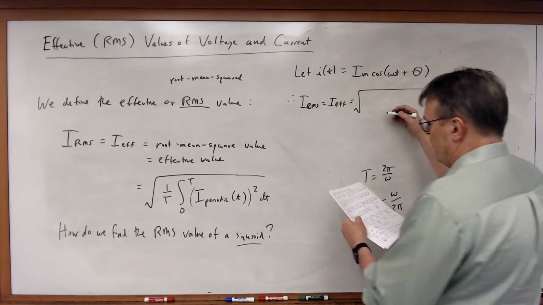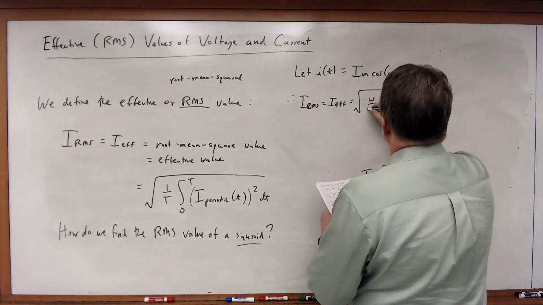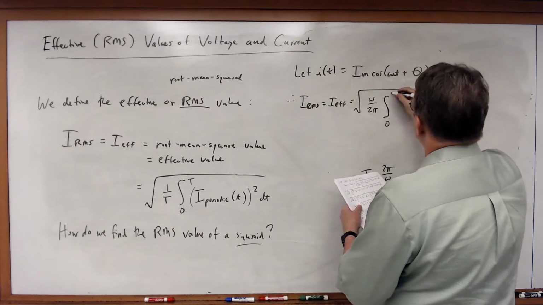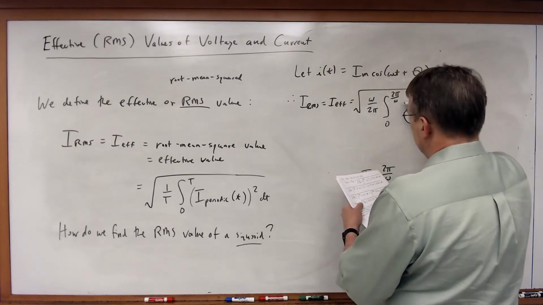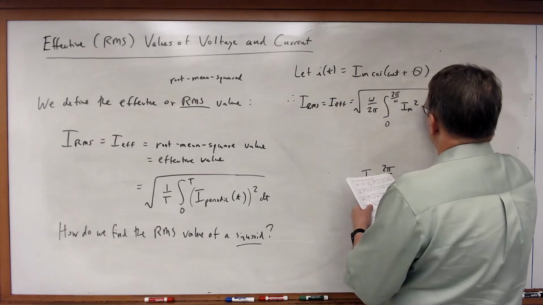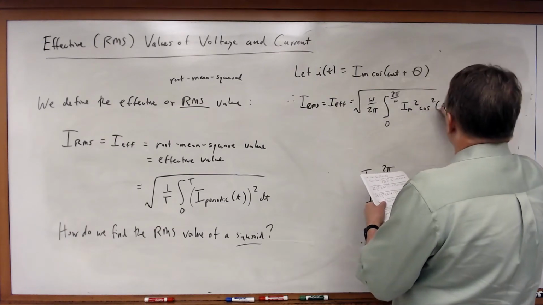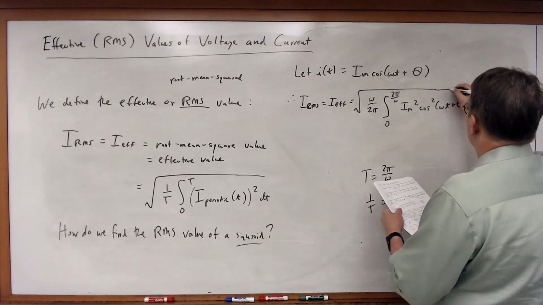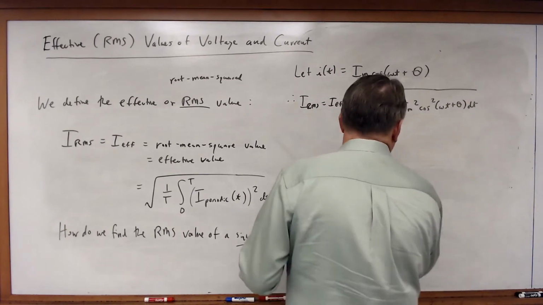So I'm going to write this as omega over 2 pi, integrate from 0 to 2 pi over omega, times Im squared times cosine squared of omega t plus theta dt.